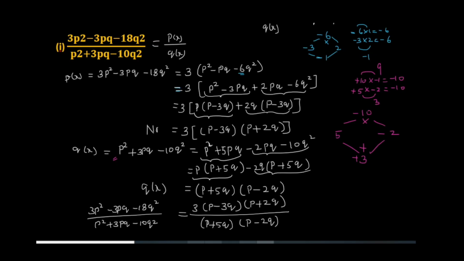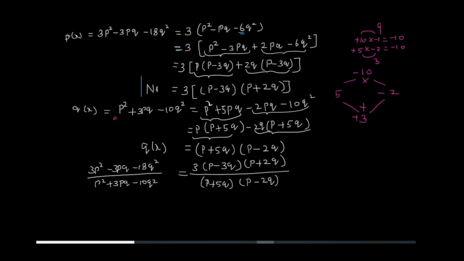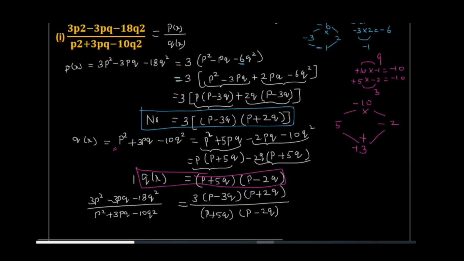So this is the factorization of the given expression. We factorized the numerator like this, then the denominator like this. Now p of x divided by q of x, we got this answer. If any common factor were there, we could cancel it, but here we do not have any common factor. So this is the factorization of the given rational expression.